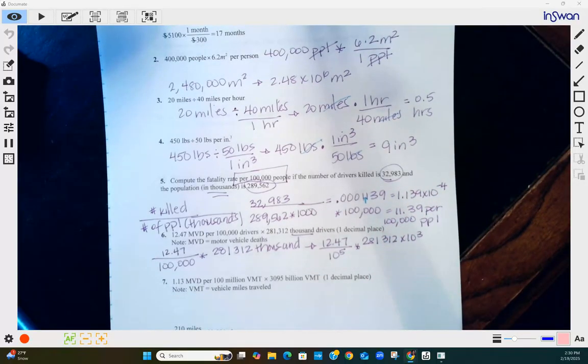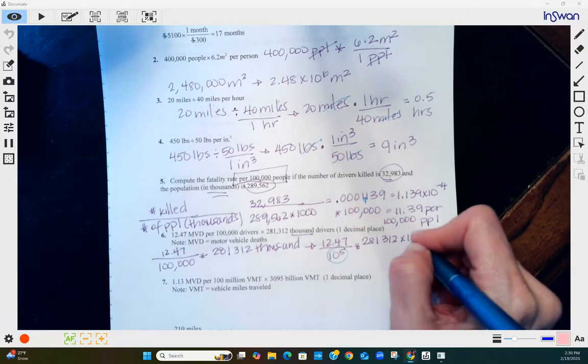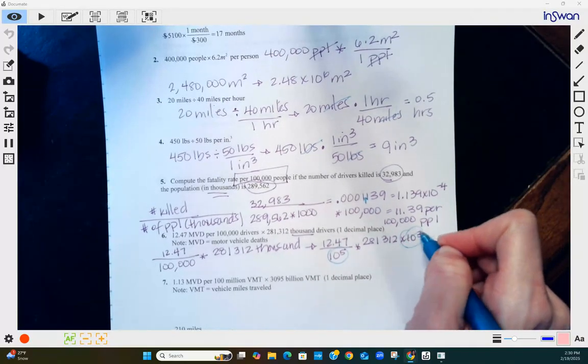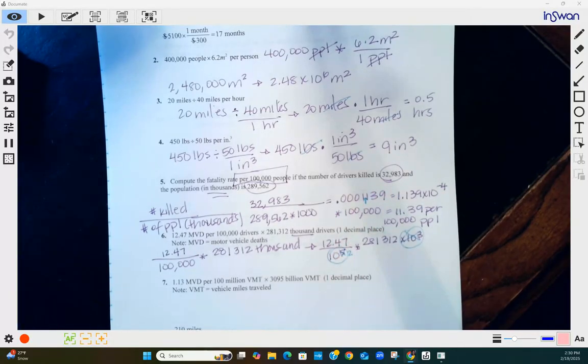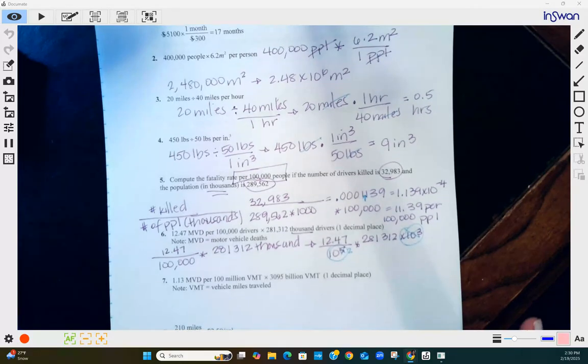So you have the 10 to the 5th and 10 to the 3rd. These 3 will cancel out 3 of these, and I'll still have 2 left. You don't have to do it that way, but it's just working with easier numbers.